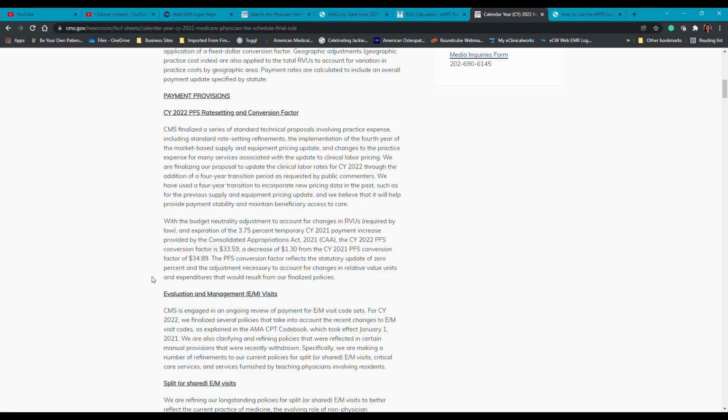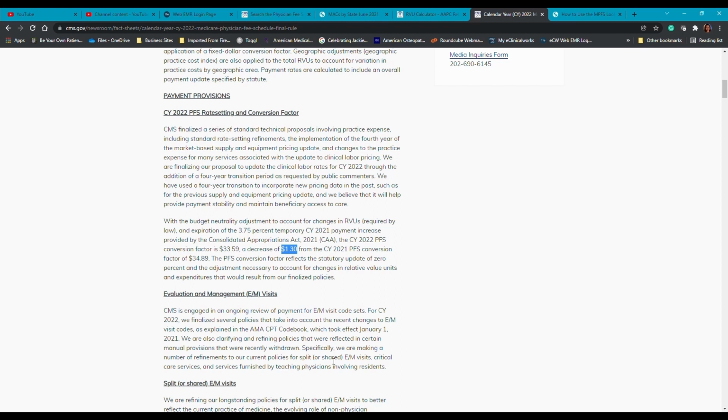And if you look right here, it says that the conversion factor went from 33.59 in 2022, and that is a decrease from 2021. 2021 was 34.89, and then this year it's 33.59, so it dropped actually $1.30.